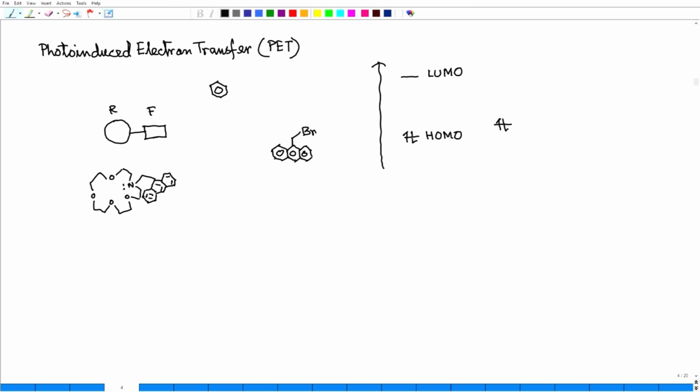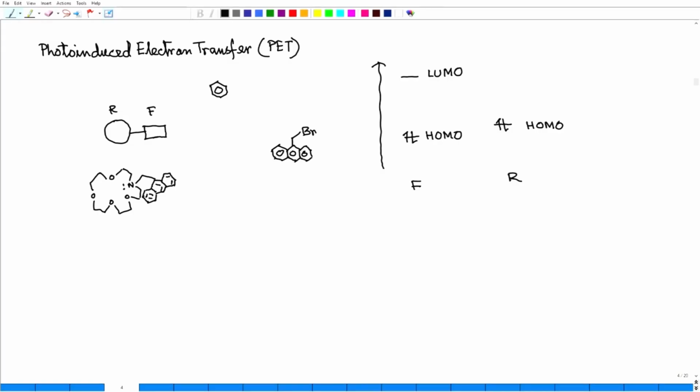So, this is my situation here in the frontier orbitals: LUMO is empty, HOMO has 2 electrons, and this HOMO is of the receptor, and this is the fluorophore. And the spacer in this case actually works to transduce, or to pass, the information from one component to the other.